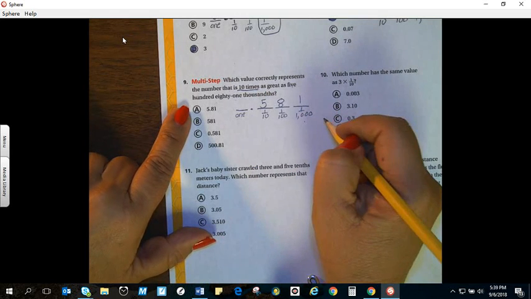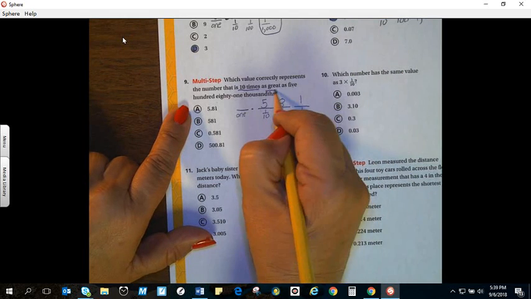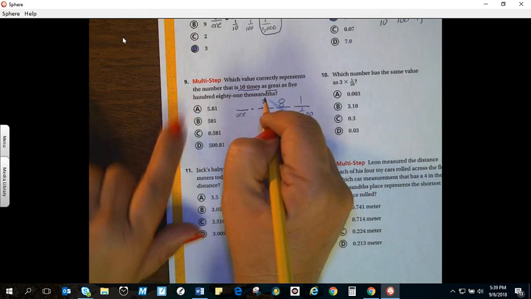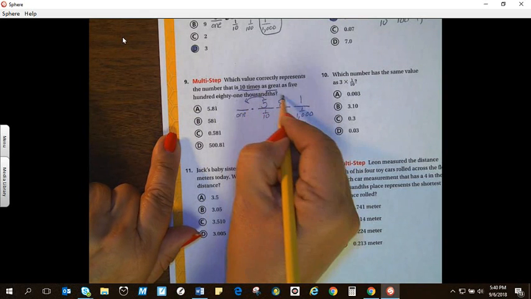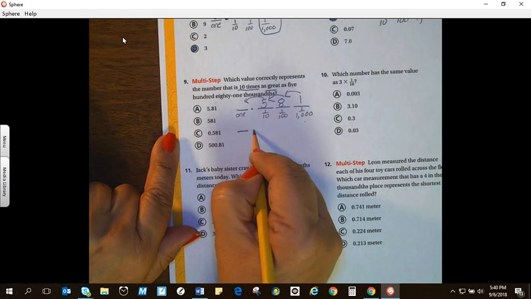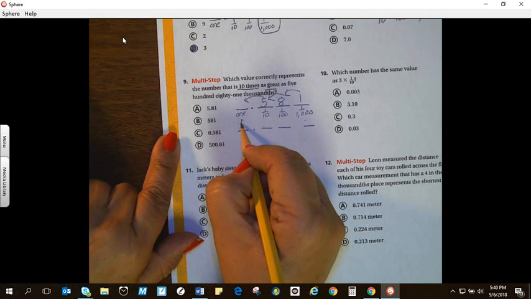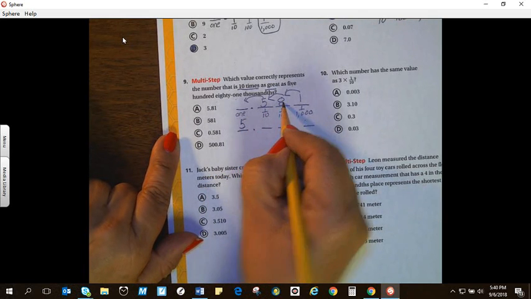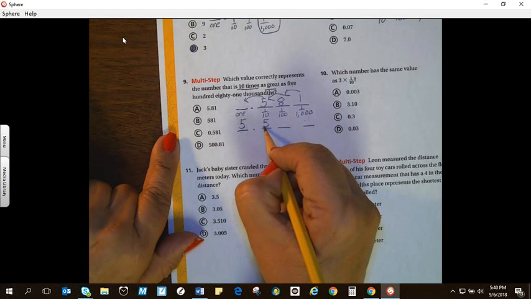Remember we said that 10 times greater, that's going to be a larger number. So we're going to move everything over to the left one spot. And so if we draw another diagram, my 5 gets moved over to the ones place. My 8, which is in the 100ths, gets moved over to the tenths place.